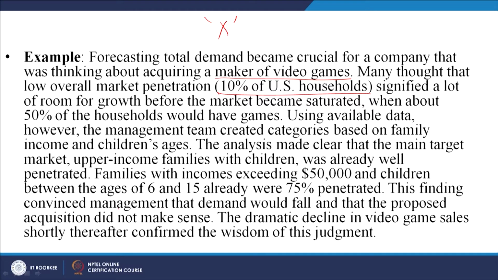This finding convinced the management that demand would fall, because these children will grow up and that cohort is not being replaced, and the proposed acquisition did not make sense. The dramatic decline in video game sales shortly thereafter confirmed the wisdom of this judgment. So, it becomes very important not only to estimate the numbers at the moment, but also to see the future of the product, right.